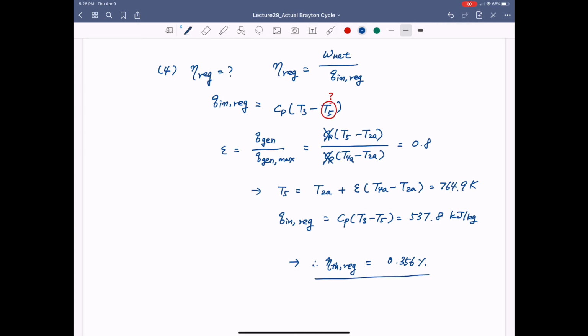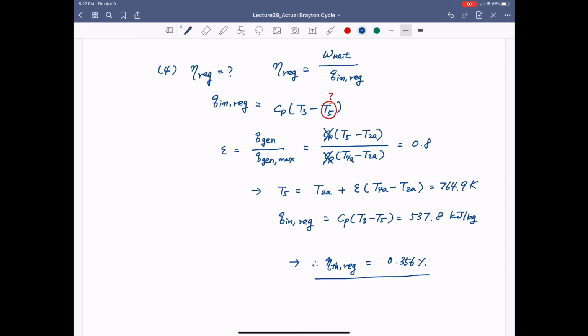So in the previous lecture, we did the ideal Brayton cycle analysis. And from this ideal Brayton cycle analysis, we calculated the power, the thermal efficiency, and the back-work ratio. And now in this present example, we also calculated all these values for the realistic actual gas turbine with isentropic efficiencies.